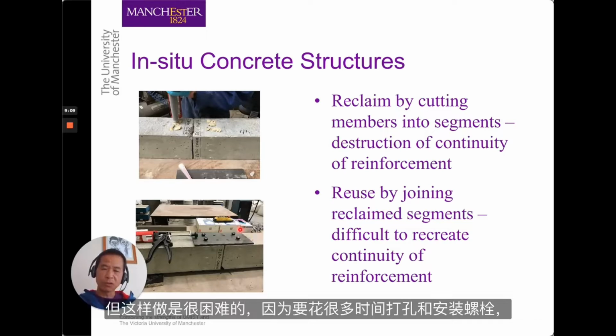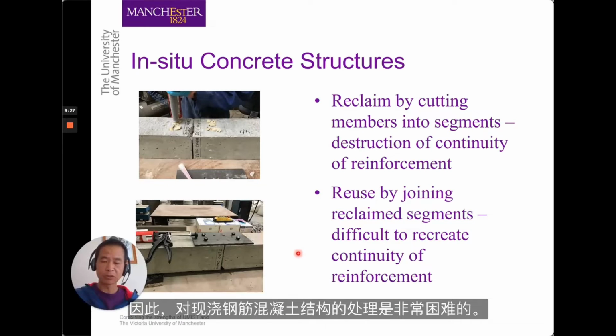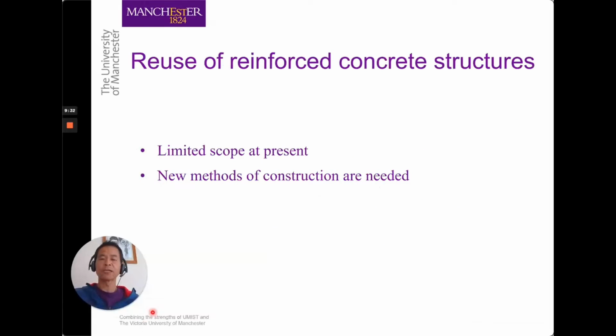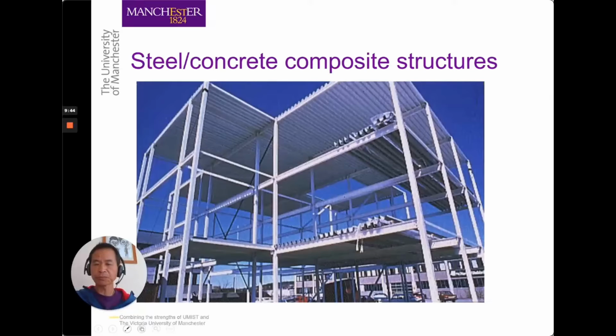But this is quite difficult to do, because it takes a lot of time to drill holes to install the bolts, and then we may have to install a lot of bolts to create the necessary continuity provided by the reinforcement in the original concrete construction. So it is quite difficult to deal with in situ reinforced concrete structures. That means the scope of recovery and reuse of reinforced concrete structures is a bit limited, and we have to think of totally new ways of doing things.